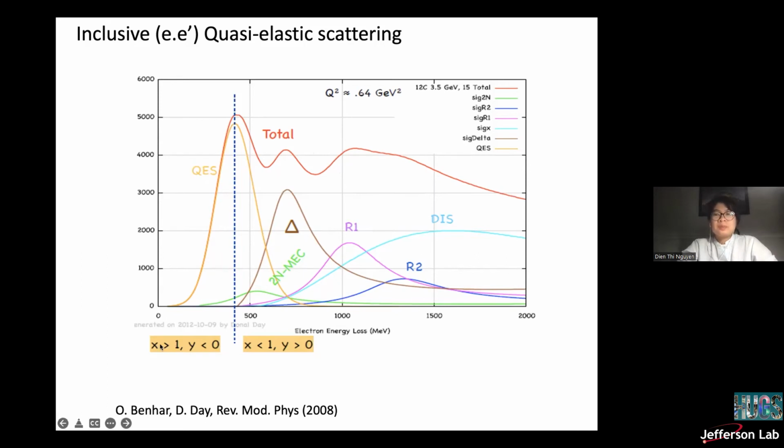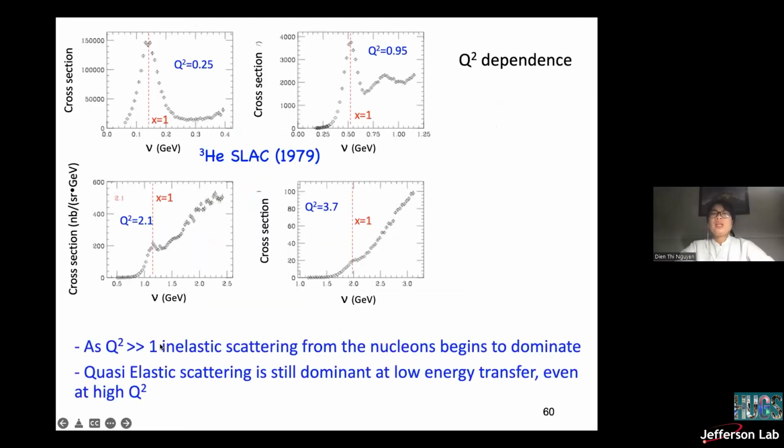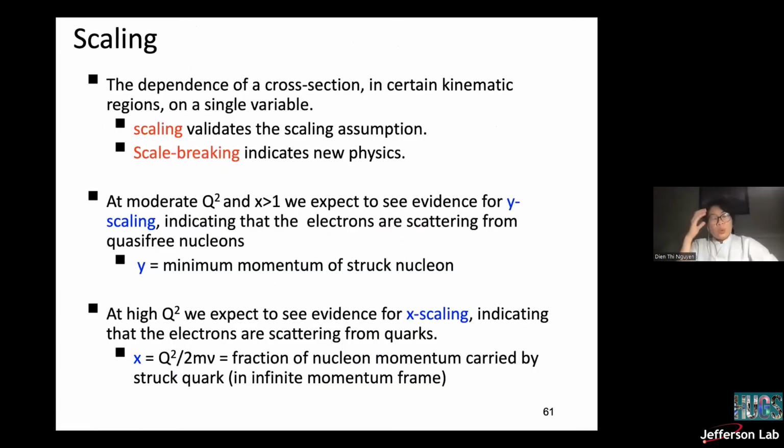Yep, thanks. Okay, so we come up with a new concept called scaling. In a simple way, what does scaling mean? The cross section depends on different kinematic variables, right? In certain kinematic regions, we can write the cross section as depending on a single variable.